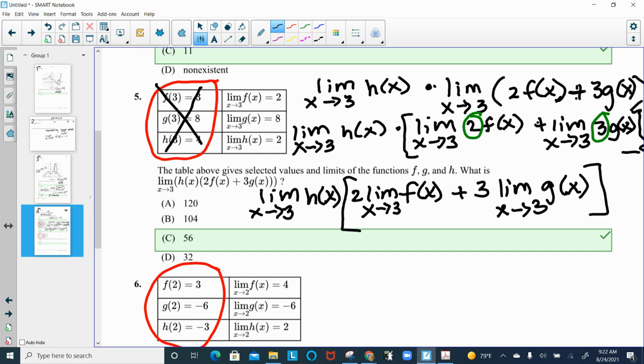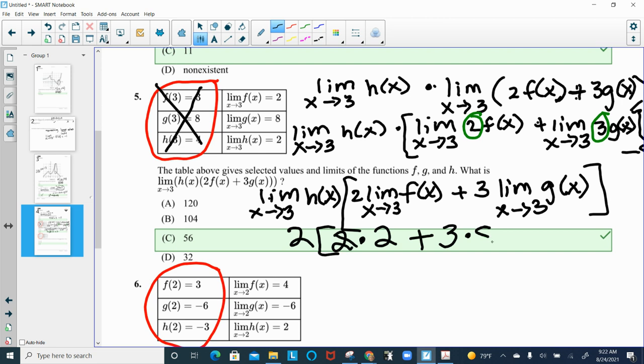So now let's do the limit as x approaches 3 of h of x. Well, we know that. The limit as x approaches 3 of h of x is 2. Inside, we're going to have 2 times the limit as x approaches 3 of f of x. That's also 2. Then we'll have 3 times the limit as x approaches 3 of g of x.